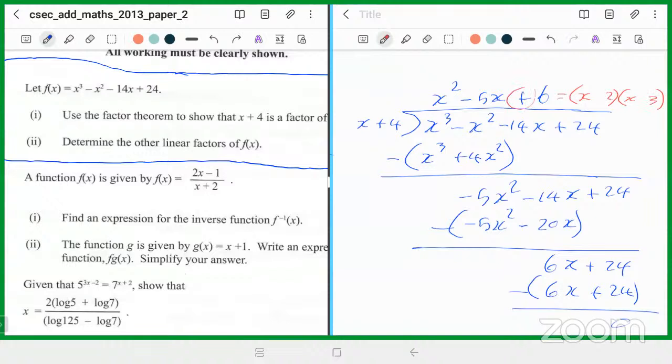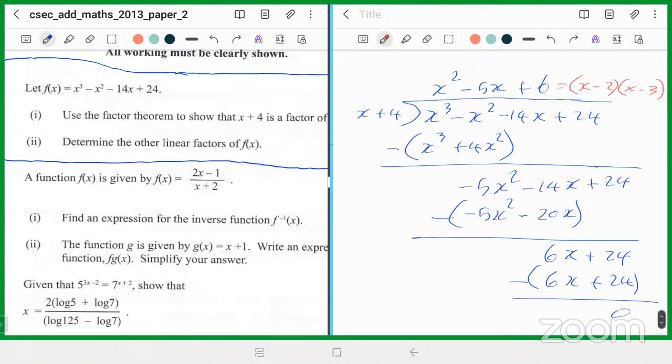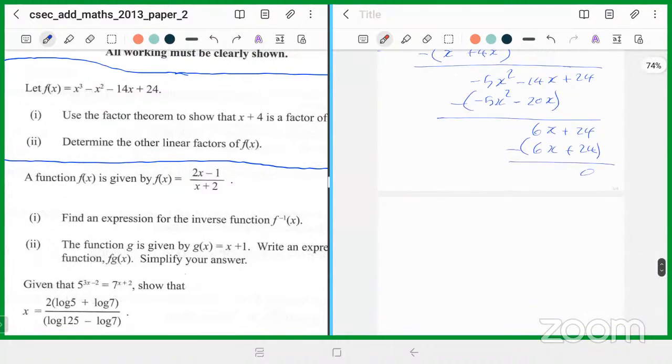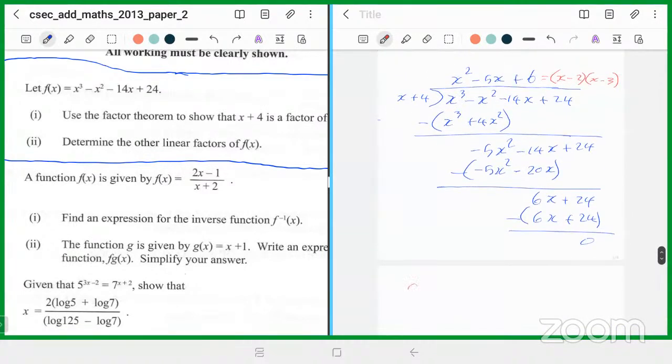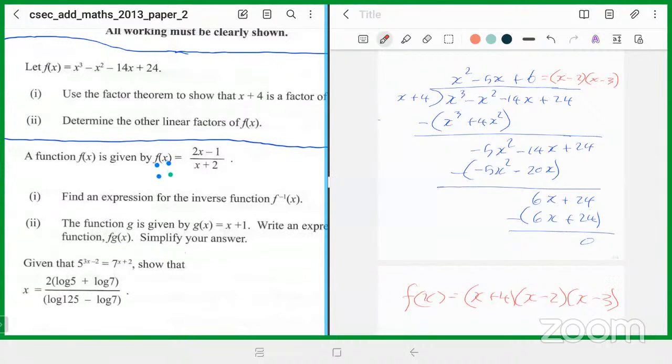Signs are the same in the brackets, both of them negative. So those are my factors. I can write that f of x, therefore, is x plus 4, x minus 2, and x minus 3. Those are the factors. Then we come to 2012, which is the last one we're doing on polynomials.